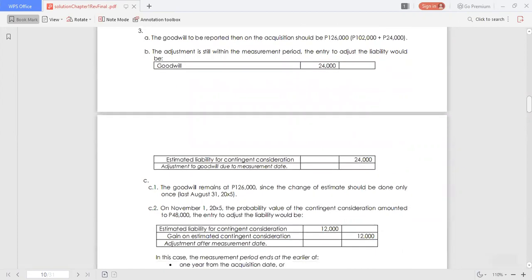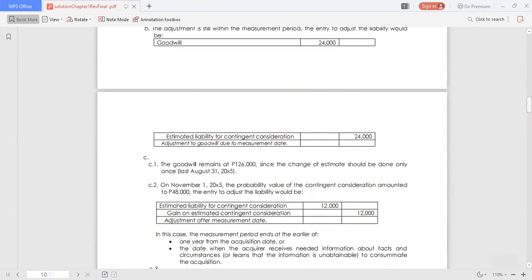Then the estimated liability for contingent consideration is now equal to a credit of 24,000. Now, initially, we have 36,000. So, in letter B, the adjustment is to debit goodwill 24,000 and we credit estimated liability for contingent consideration in the amount of 24,000.